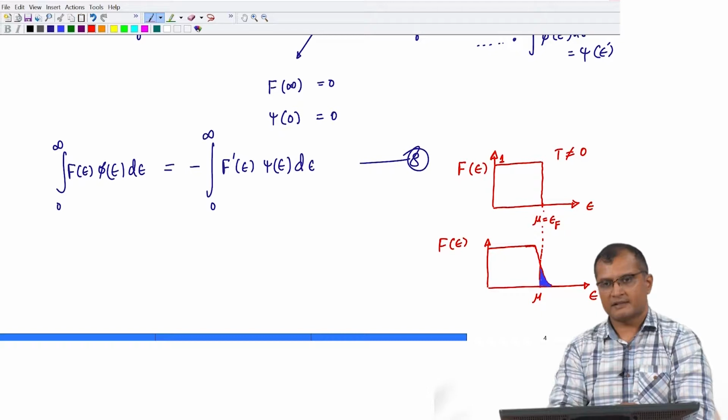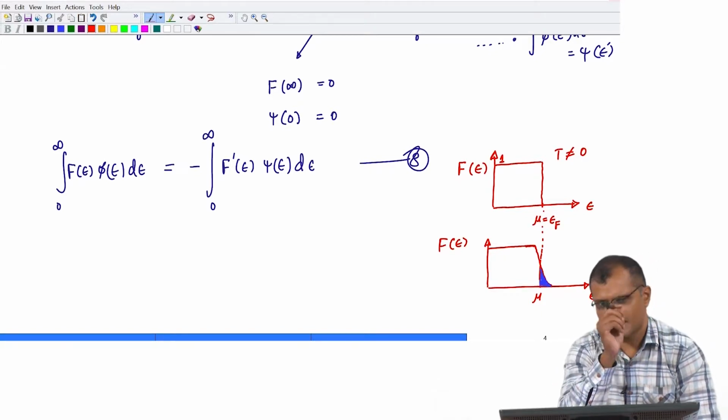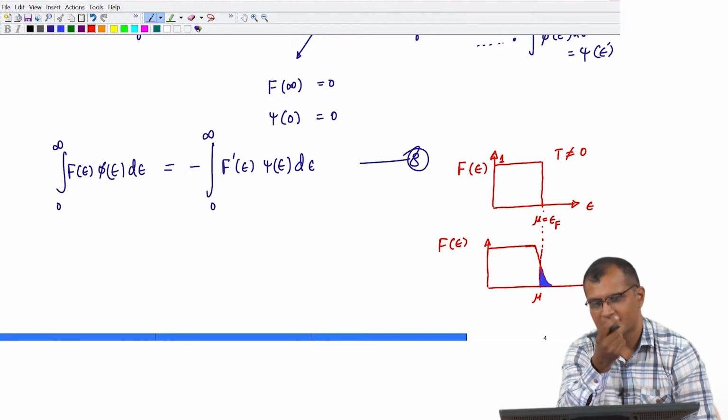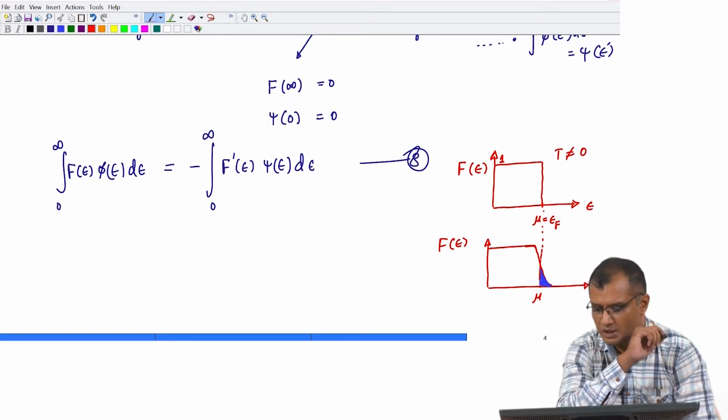This is not exactly at the Fermi energy, because this scale has moved slightly with temperature, but it is the chemical potential for my problem.